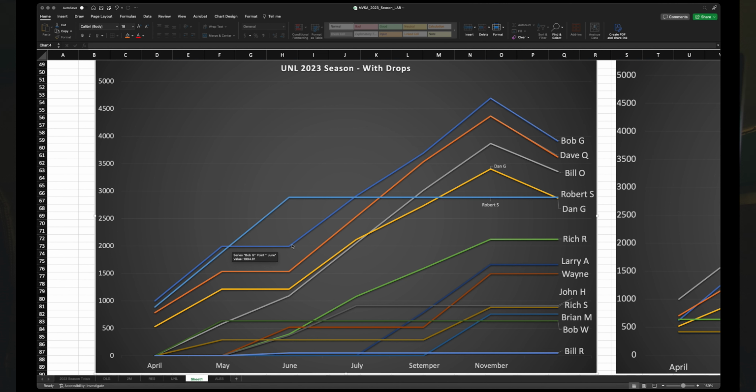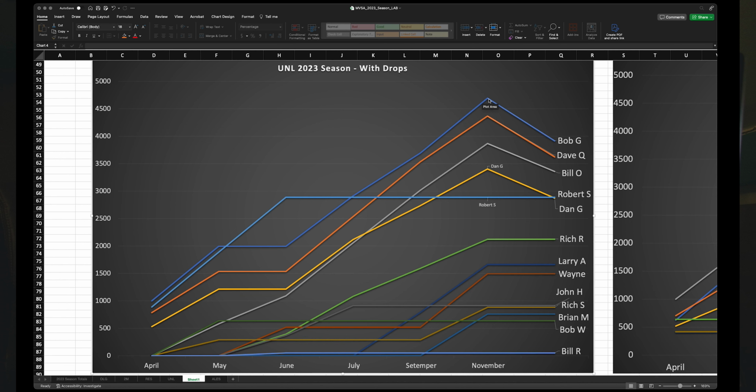He didn't do so well in the third, and then his competition kind of dropped off, and then he ran away with the season. There's also this kind of drop right here, and the drop right here is what happens when we have scores that track the entire season, and then we drop the two worst scores, in this case because we had 6 contests last year. So that's what happened here.